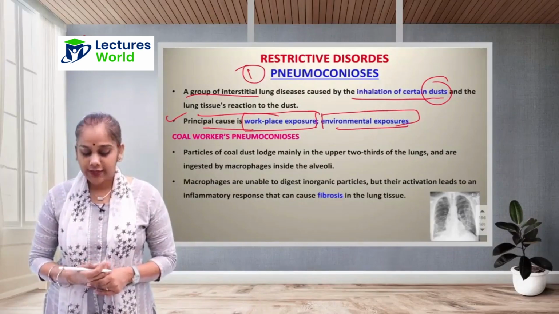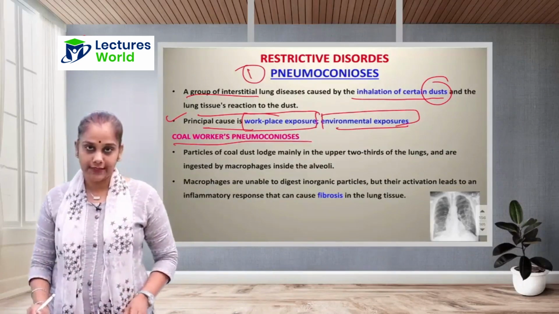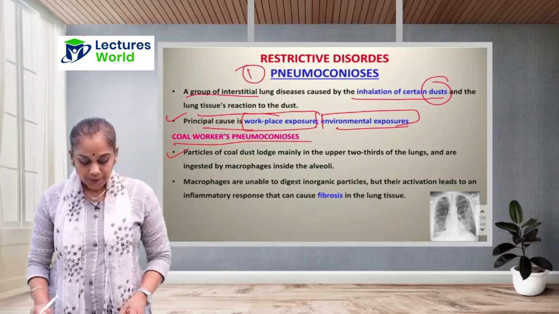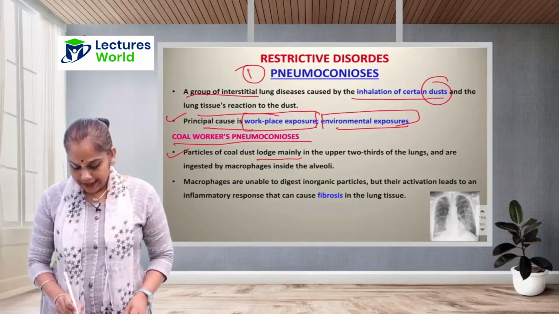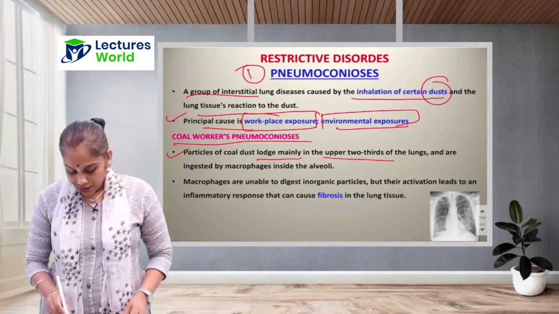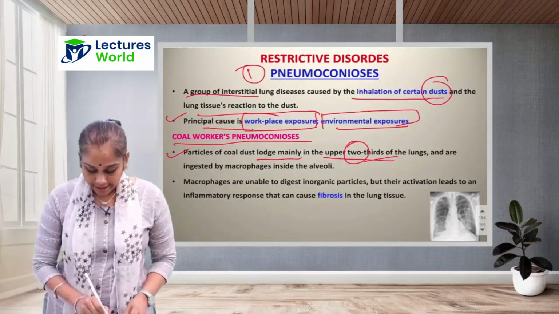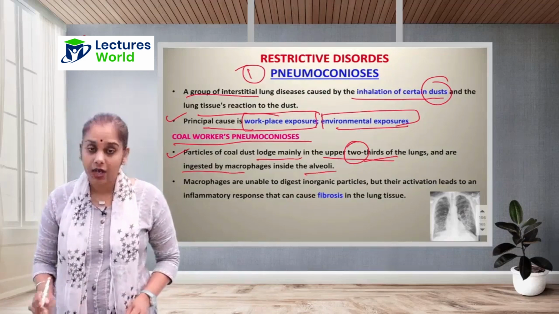That is known as pneumoconiosis. Take coal workers' pneumoconiosis: particles of coal dust load mainly into the upper two-thirds of the lungs and are ingested by the macrophages inside the alveoli.